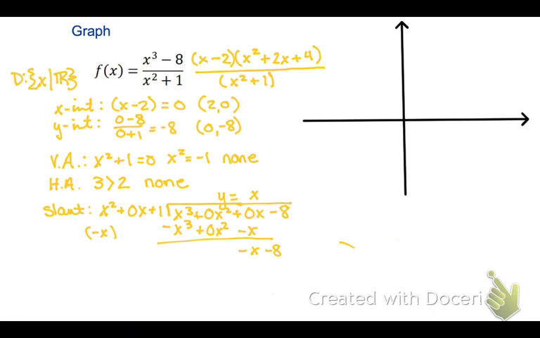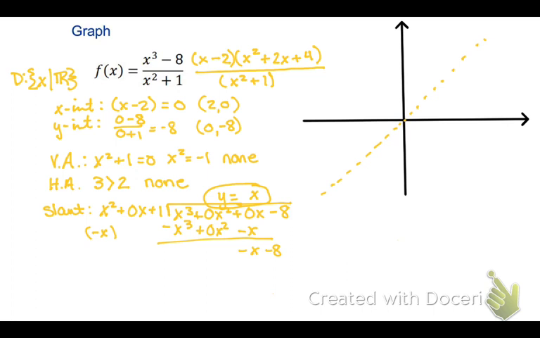Okay, can I put x squared into negative x? No, not without putting x to the 1/2, and we're not doing that. So my equation is just y equals x. So y equals x, that identity line, isn't it?